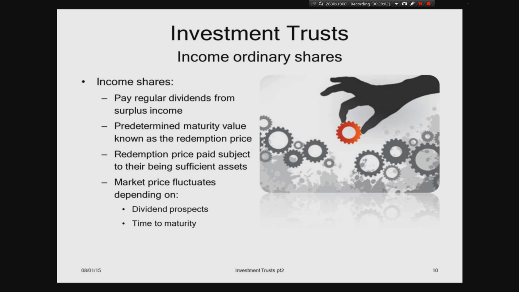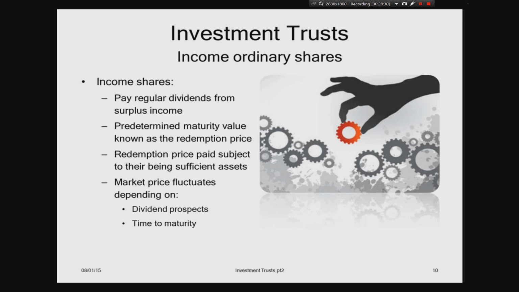As there are different types of share, there are different types of income producing share. A financial advisor must be very clear about the terms which apply to the different types of share, including income shares. Some can result in a substantial loss of capital. In general, income shares pay regular dividends from surplus profit on the trust assets.